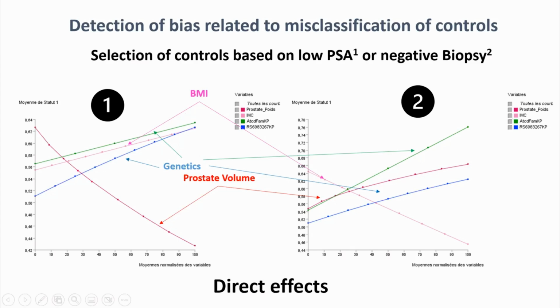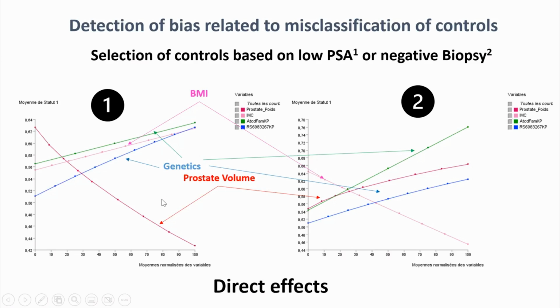And if you compute the direct effect, you can see that the true causal factors such as familial history or genetic marker, which increase the prevalence of the disease, you have the same trends, the same association in the two cohorts with the risk of prostate cancer.